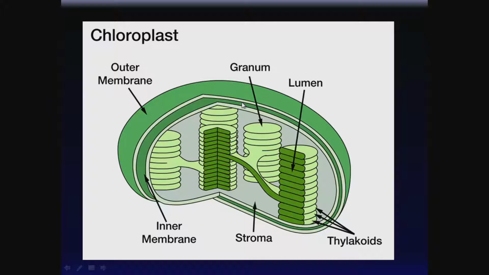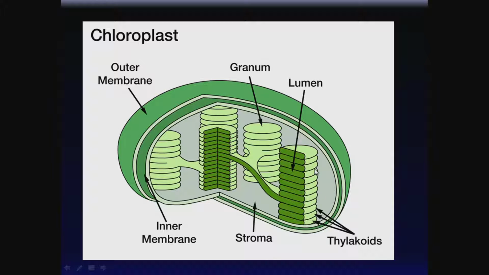Why? Because it is that cool. It has an outer membrane and an inner membrane. And stacked there are these penny-like things. These are called thylakoids. They're connected to each other like this.